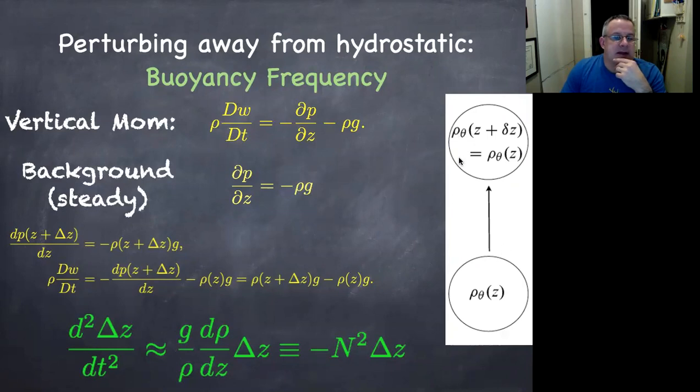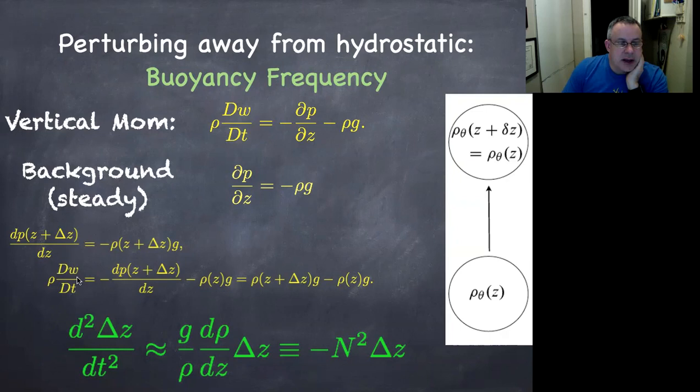So now we come back to this idea of the buoyancy frequency, and we can play the same game we played last time, but instead of doing it kind of heuristically, we actually can use the vertical momentum equation. So here's the hydrostatic part, here's the acceleration part, here's the background pressure, but now we deviate away from the background pressure by making some anomaly. We lift our water parcel up by a bit z, and we get a change in the rho that goes with it.